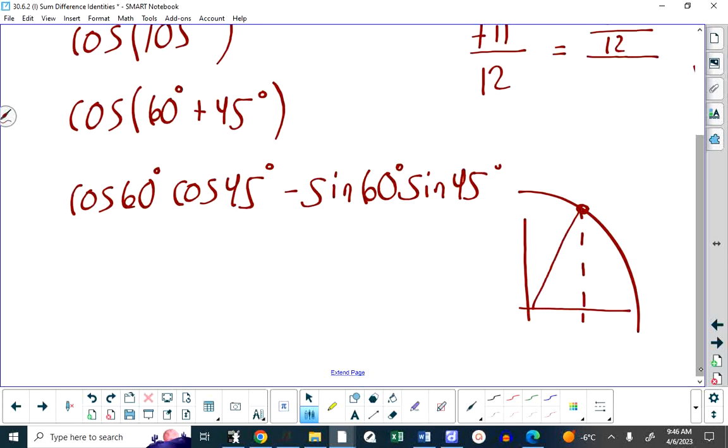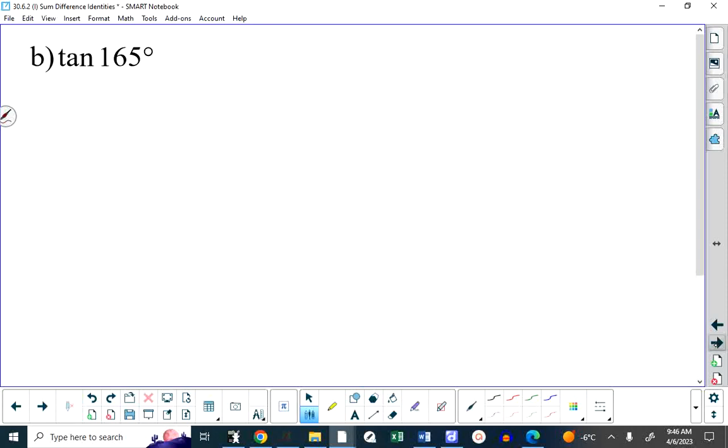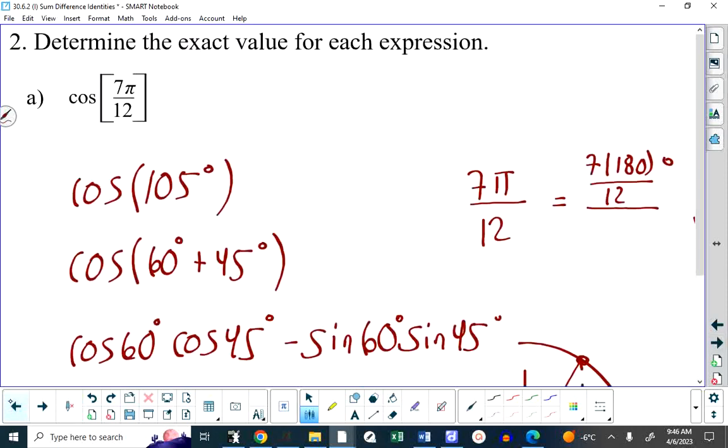On the unit circle, the x-coordinate is a half. I think we've kind of graduated away from me showing this to you every time. You should know where these numbers come from. So, cosine of 60 is 1/2.